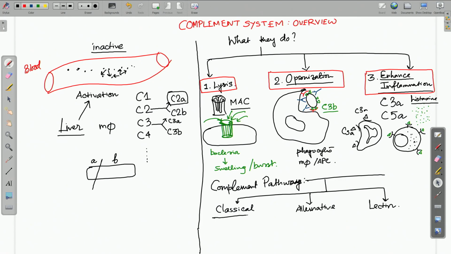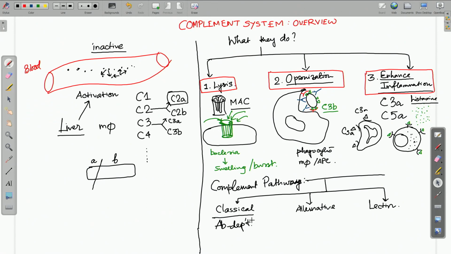The classical pathway, as the name suggests, was one of the very first pathways to be identified, and it is the major effector pathway for humoral immunity. So, this is an antibody dependent pathway. It depends on the antigen antibody interaction.